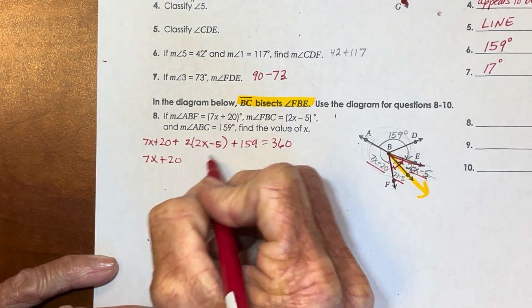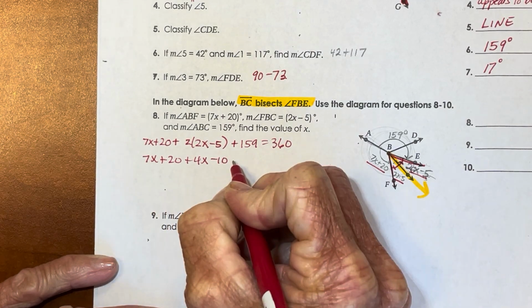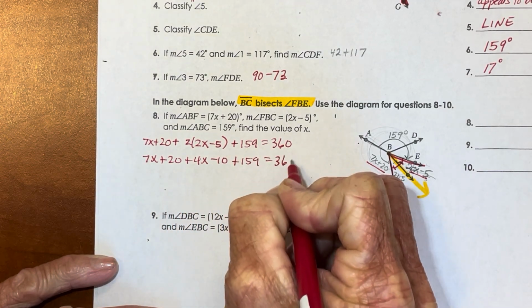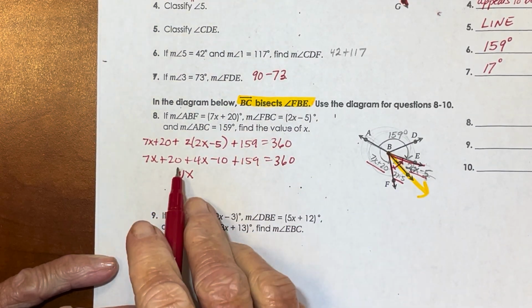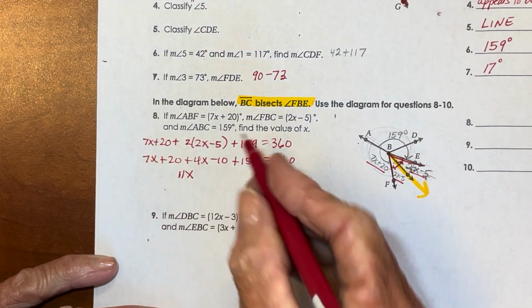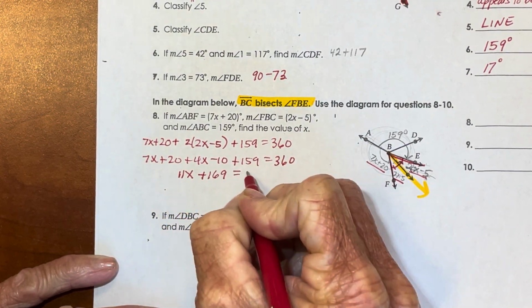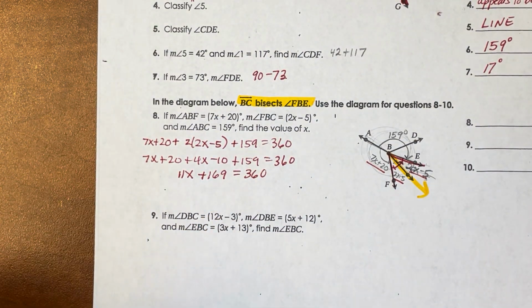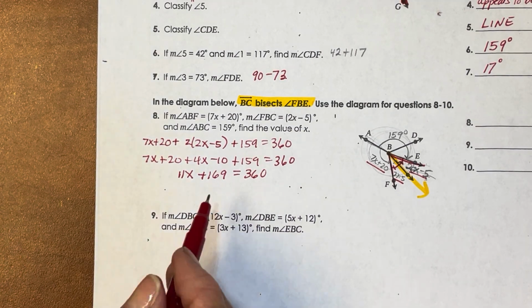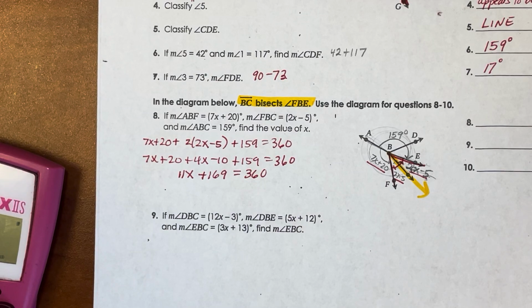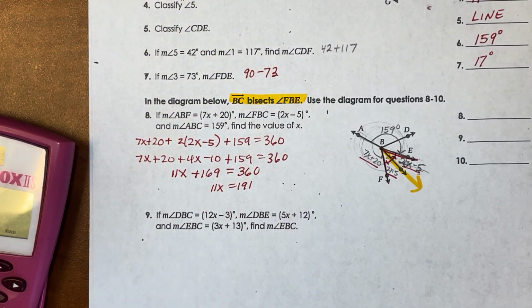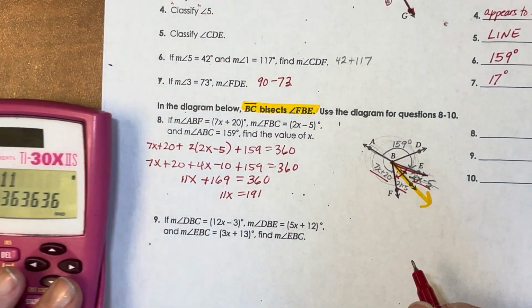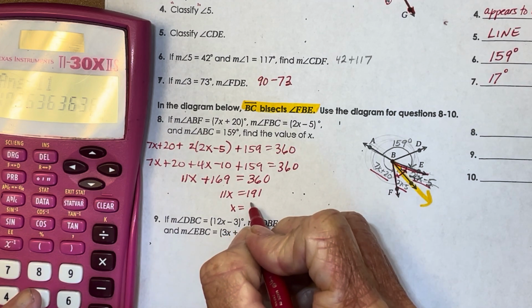We'll distribute through 4x minus 10, and then combine like terms. So 7x and 4x, we have 11x. 20 minus 10 is 10, and 10 plus 159 is going to be 169. That equals 360. We'll subtract 169 from both sides, and then divide by 11. So when we subtract 169 from both sides, we get 191. Divide that by 11, and we end up with a decimal.